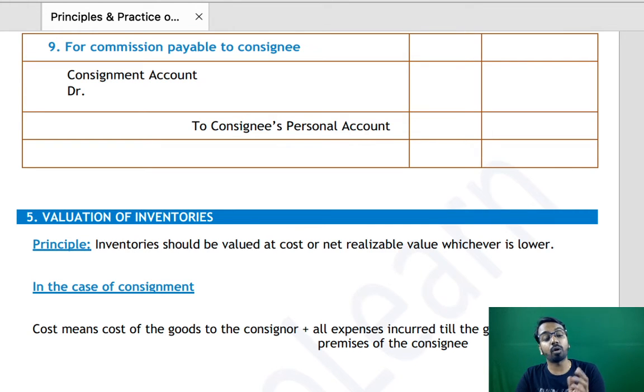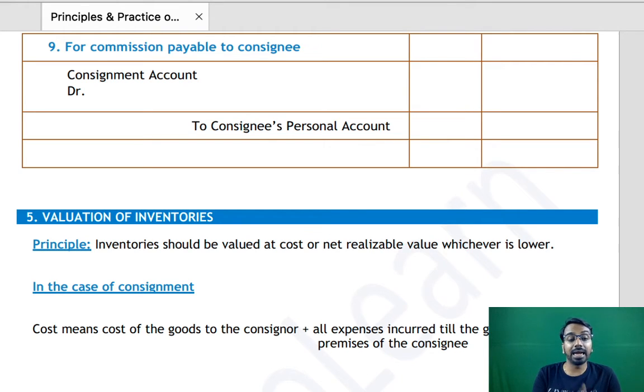Till that time, whatever is the cost incurred, freight, insurance, transit insurance, loading charges, unloading charges, custom charges, all the charges that are incurred till the time the goods reach the consignee's godown, all such costs are considered as cost of inventory. So it could be packaging expense at the consignor's place, it could be something related to custom duty, something related to insurance, everything will be considered.